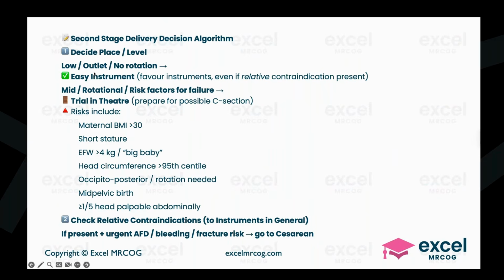If it is a low or outlet without rotation, then consider the instrument and station. Now, if you have relative contraindications to Ventouse, they will give you a reason why you have to pick forceps over Ventouse. Otherwise, in the guideline there is no reason why you should choose between the two.